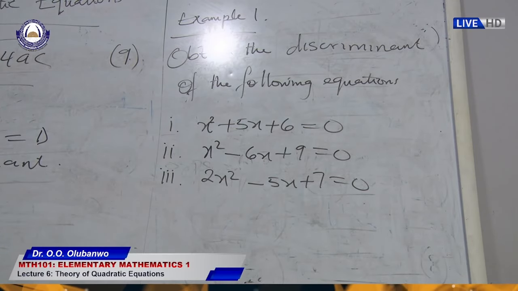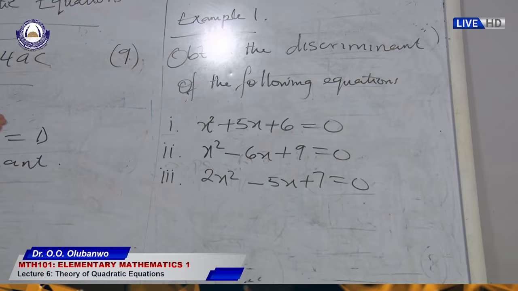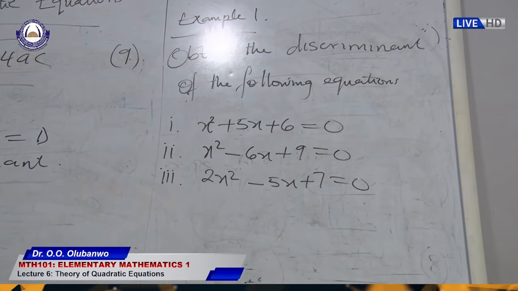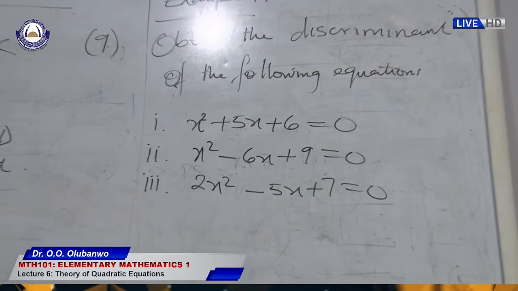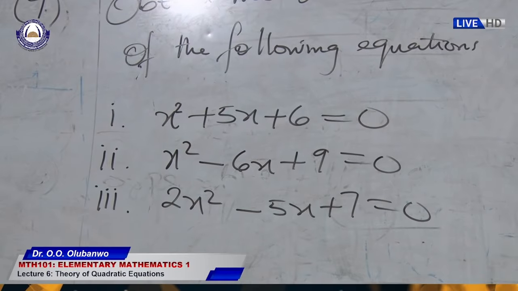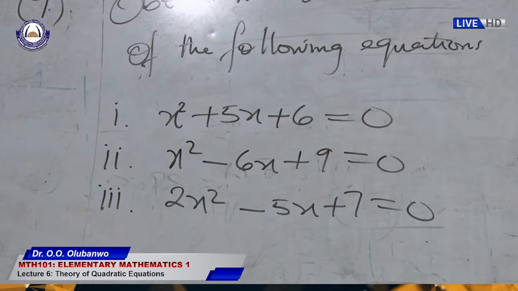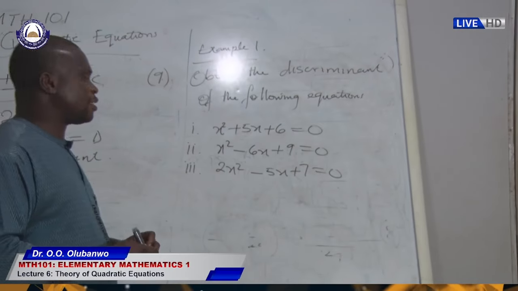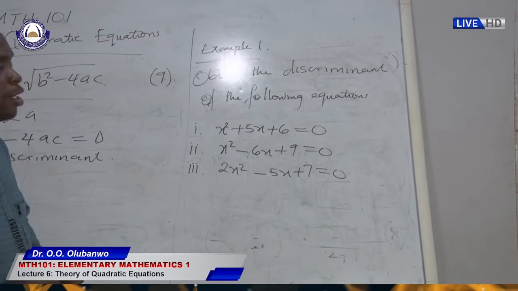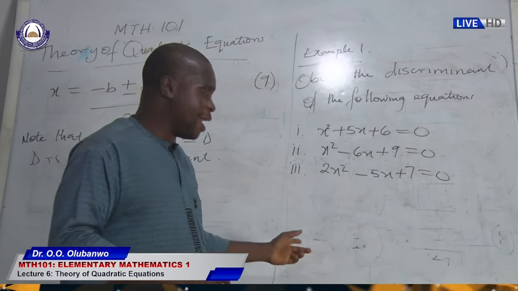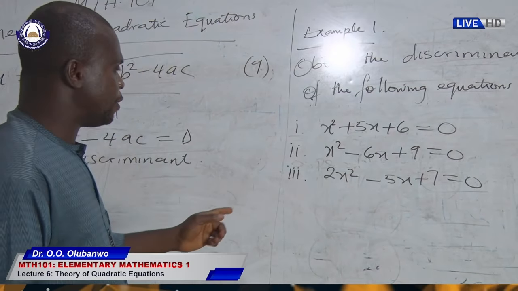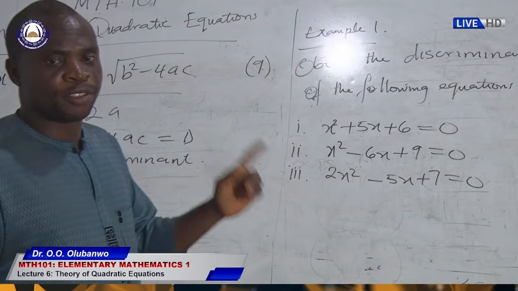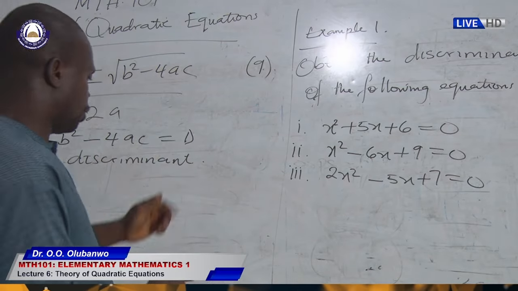You can see the board clearly. Obtain the discriminant of the following equations. The first one is x squared plus 5x plus 6 equals 0. The second one is x squared minus 6x plus 9 equals 0. While the last one is 2x squared minus 5x plus 7 equals 0.